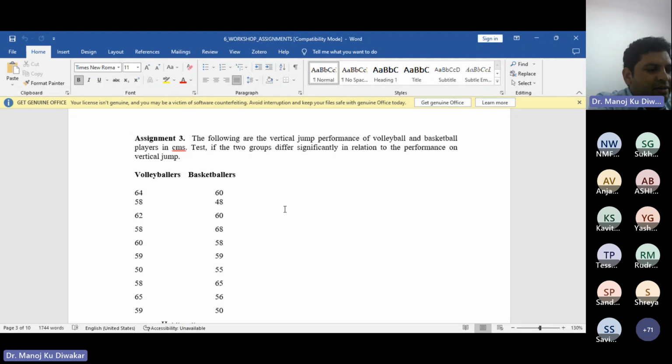Now you can read it and tell me what test you are going to use for this one. So what test can you use for this one?